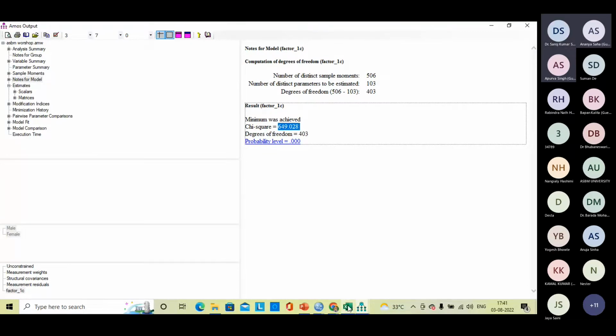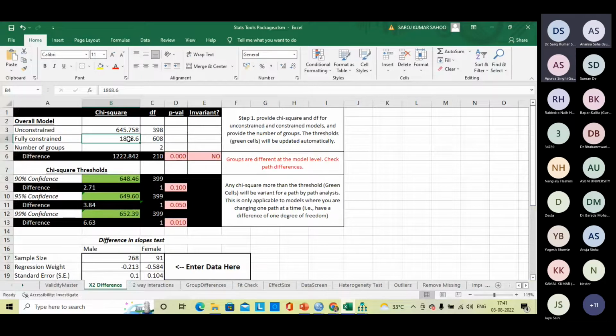Go to the Excel sheet and paste here. See, it is written fully constrained. For the example, in order to save time, I have constrained only one. Still, in order to show you, I am showing you. What was the degree of freedom? 403.